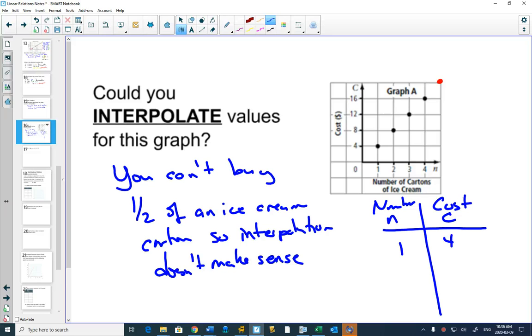Look at the chart. 2 cartons would cost $8. 3 would cost $12, and 4 costs $16.